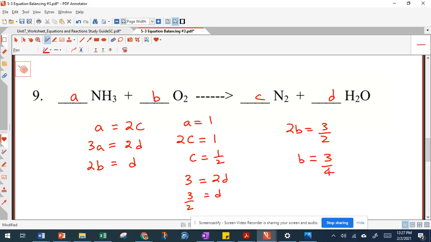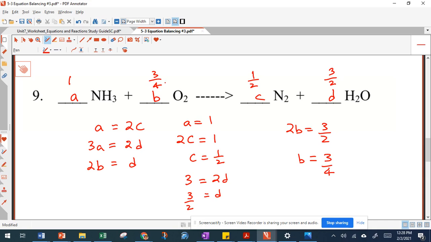Okay, so I could then put these in as my coefficients. So A is equal to 1, B is equal to 3/4, C is equal to 1/2, and then D is equal to 3/2. Now, to make these all whole numbers, I can multiply each of these coefficients by 4.